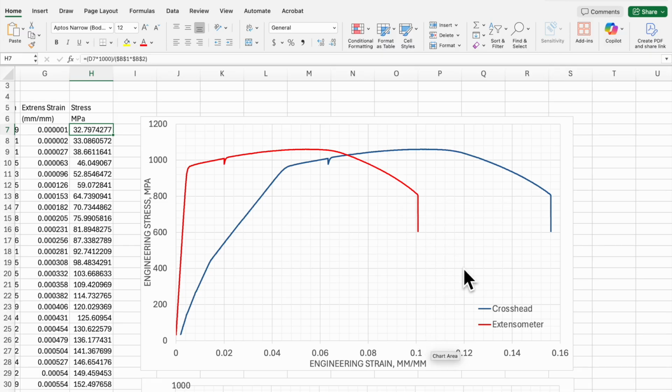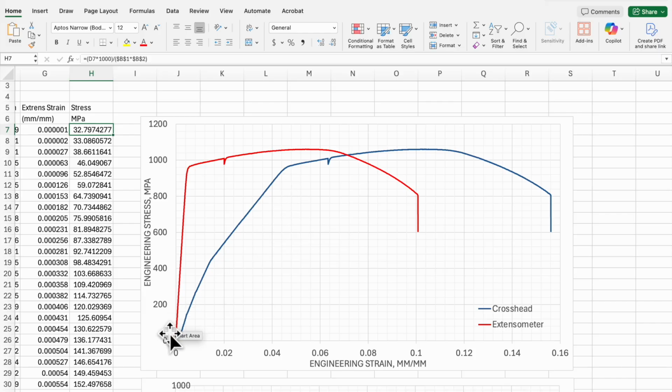That's a pretty drastic difference because, again, all of that other stretching that's happening in the machine is being added up. That's what we're seeing here. So that's the big difference. And since we know that the elastic modulus is the slope of the elastic region, so this and this, we can see a drastic difference, right?